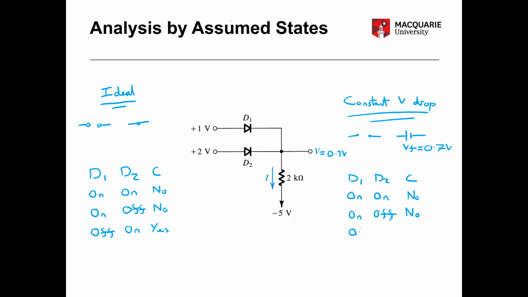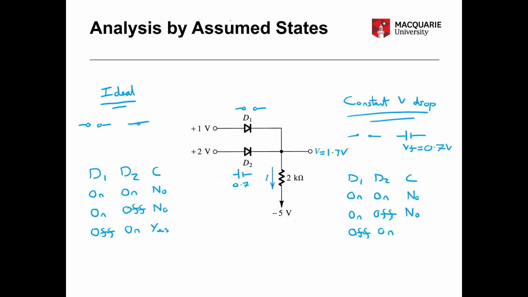So if we try D1 off and D2 on, now in this case D1 we're assuming to be off, so that would be an open circuit at D1, and D2 we're assuming to be on, so that would be a voltage source of 0.7. That gives us a V of 1.3 volts.